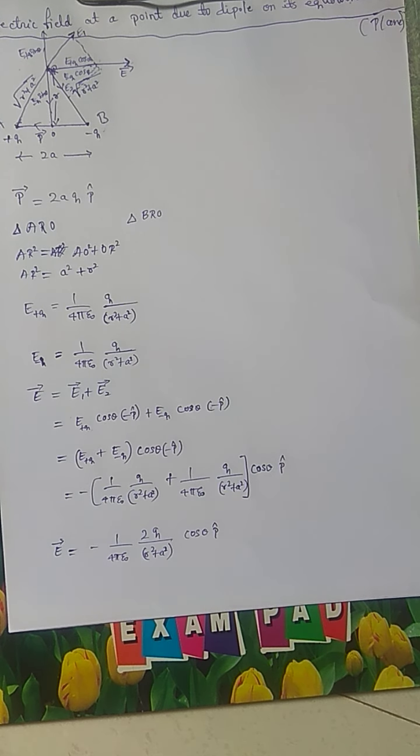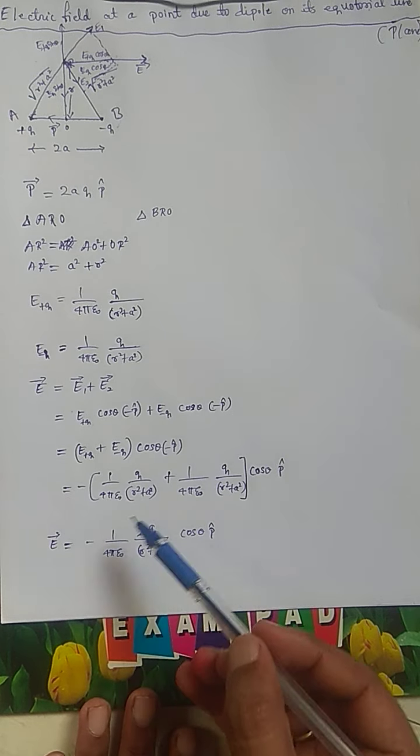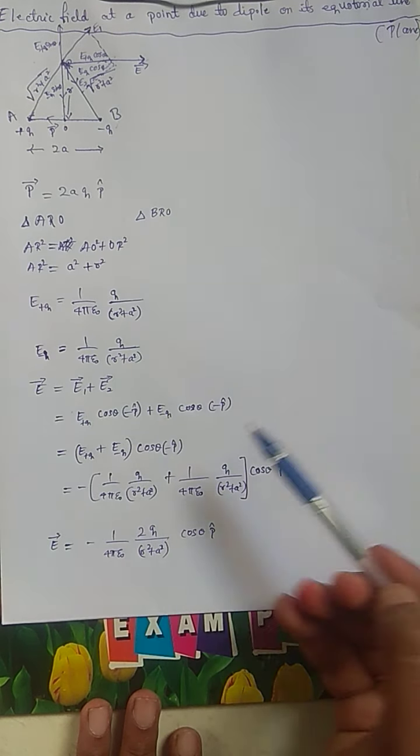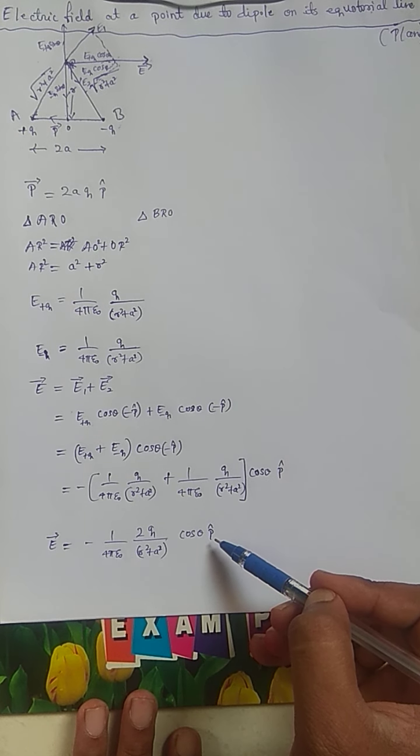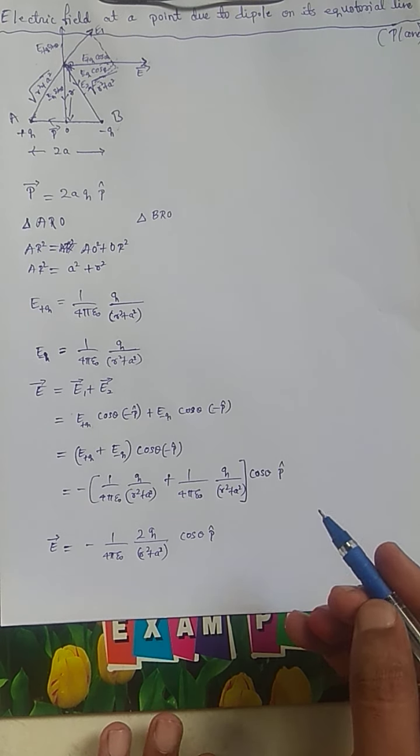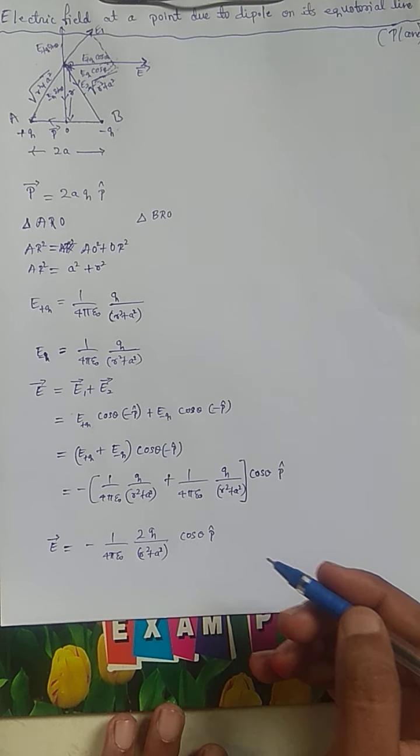Now, simple job for us. Right now I have taken the magnitude of electric fields, and our job left is substituting the cos theta value and the electric dipole moment. We'll manage in this single sheet only to complete the whole derivation.